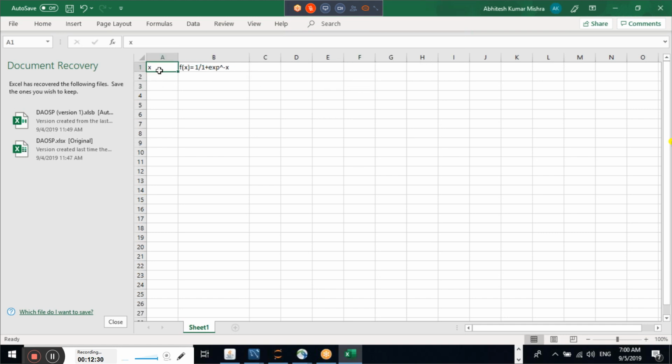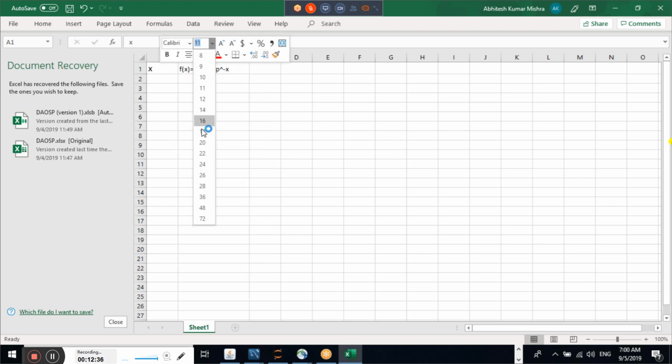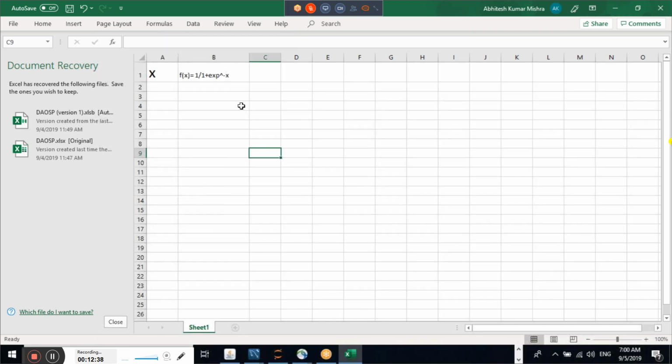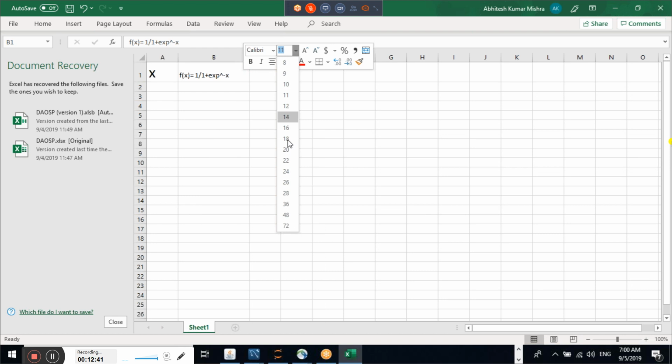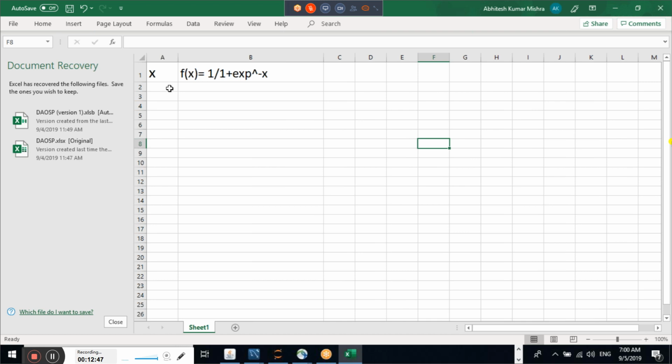We have x. Let me grow this a little bit. So here you can see, let's suppose this is our x. X is nothing but input values, and what is our function? The function's output will come after applying this formula.